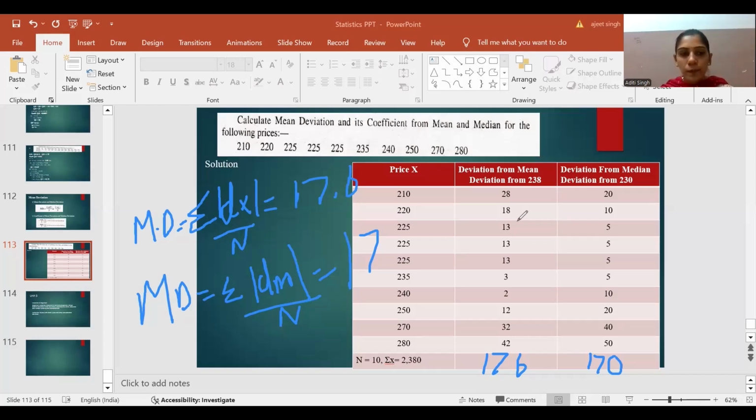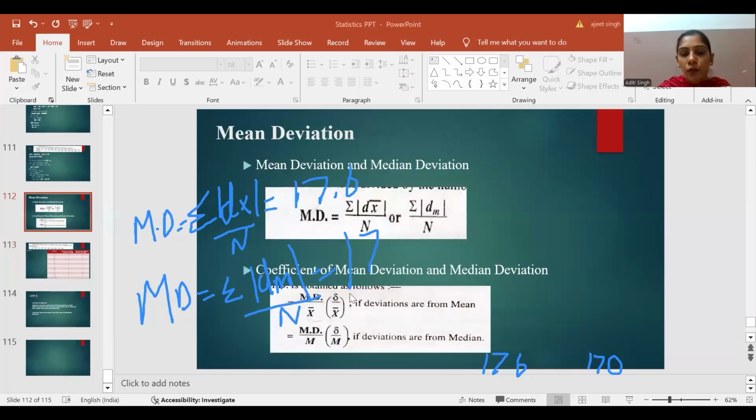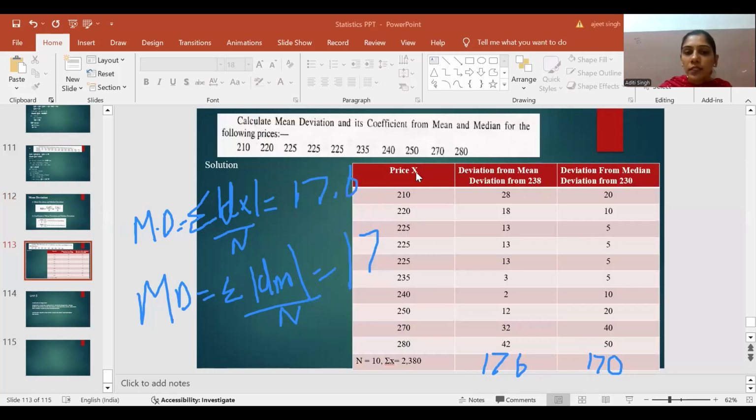So for calculating the coefficient of mean and median, the formula is mean deviation divided by x bar. The formula is median deviation divided by x bar.